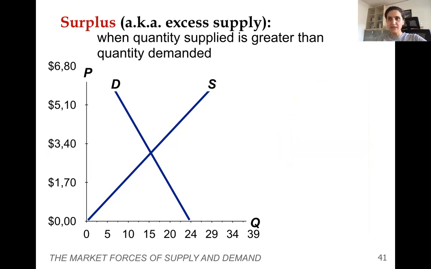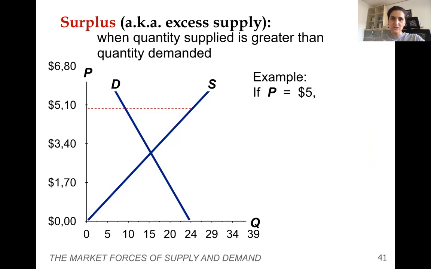Now there are three possible things that can happen in a market. Market price can be above the equilibrium price, below the equilibrium price, or at the equilibrium price. If market price is above the equilibrium price, quantity supplied will be higher than quantity demanded.